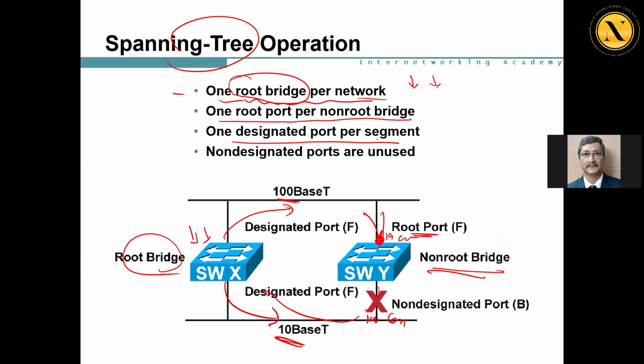Election of designated port. On a cable segment between two switches, one of the ports has to be a DP. Because this one is already a root port, this one will be the DP. Between these two: what's your priority? What's my priority? Both are the same. What's your MAC address?